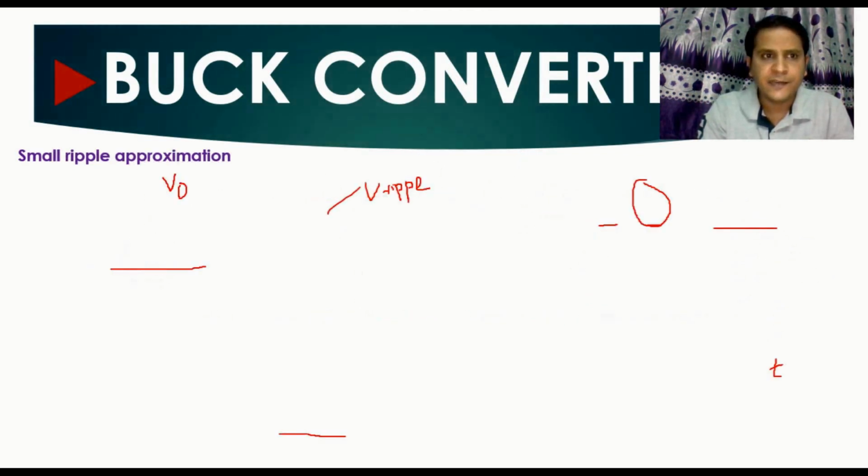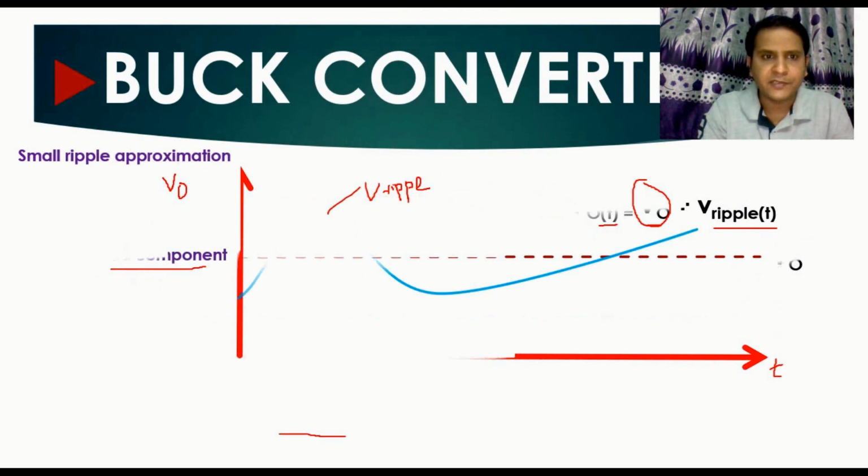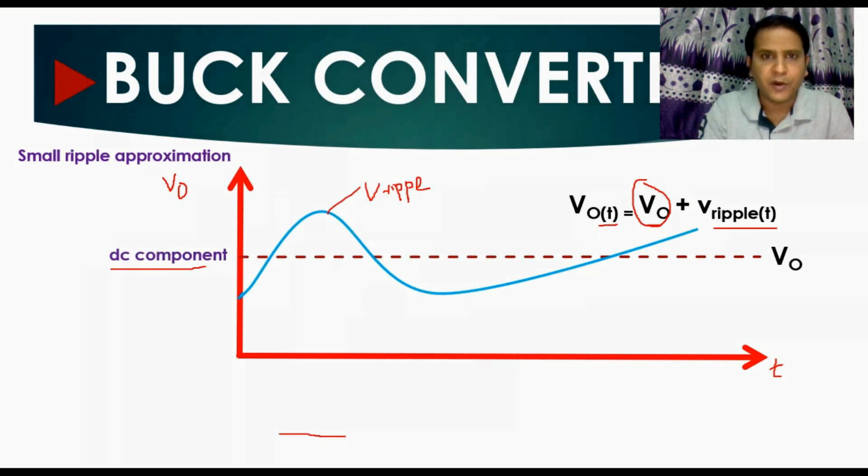So let us understand small ripple approximation of buck converter. What is small ripple approximation, right? So you can see, this is the output voltage of buck converter. So there is a graph between VO, that is output voltage, over a time period T. So you can see there are two terms here. One is the DC component, that is VO, and you have some ripple voltage, which is this, right?